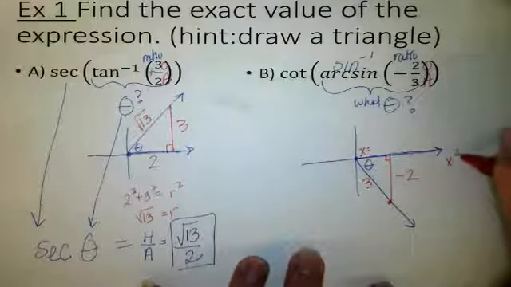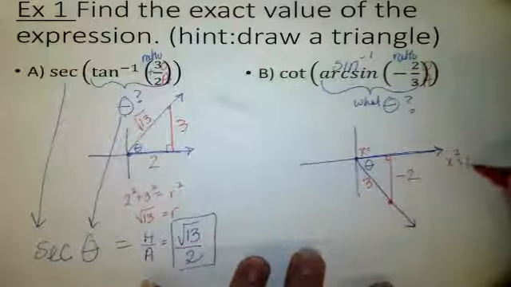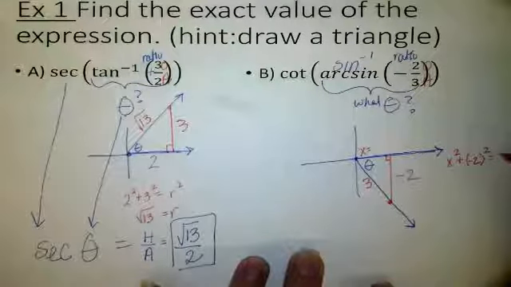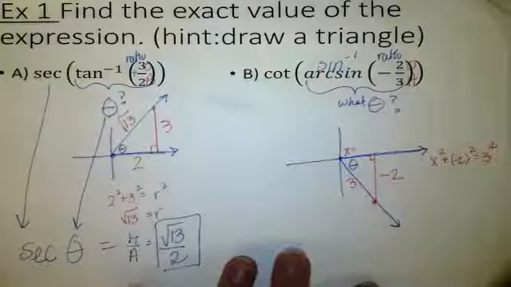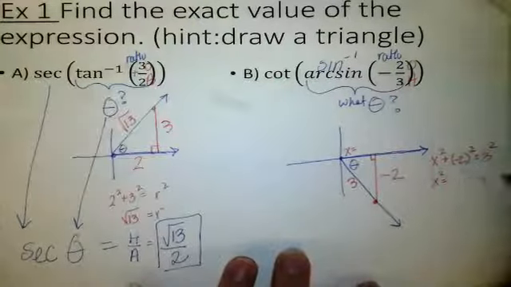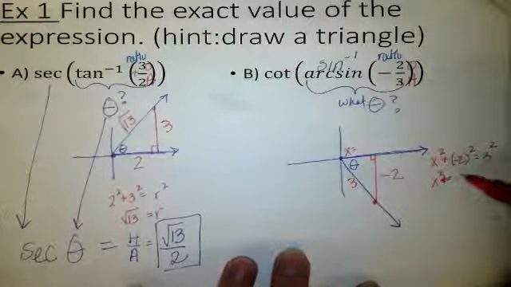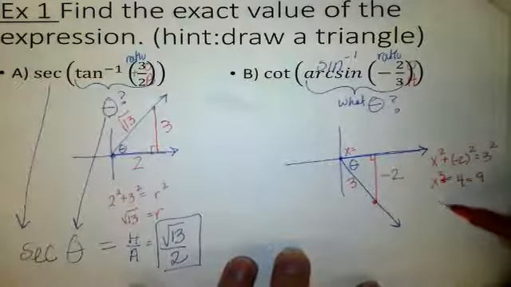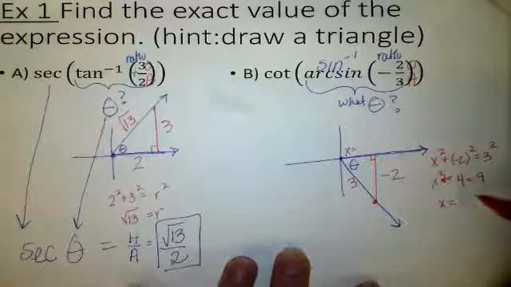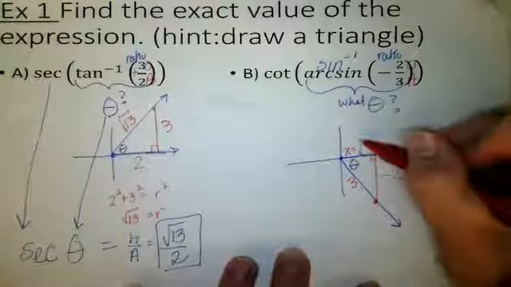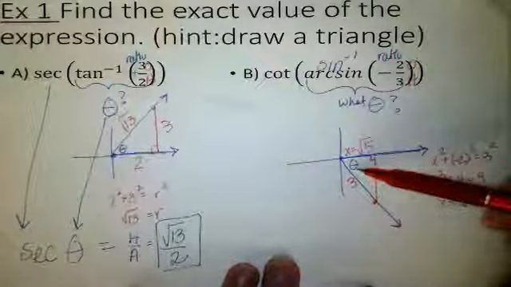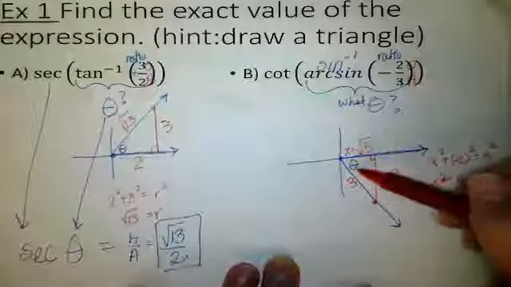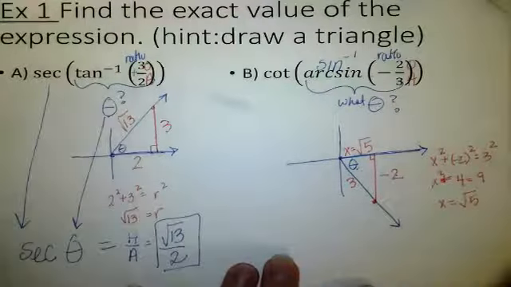So x squared plus -2 quantity squared equals 3 squared. x squared plus 4 equals 9, so x equals radical 5. Positive radical 5. There's the angle that has a sine ratio of -2/3.